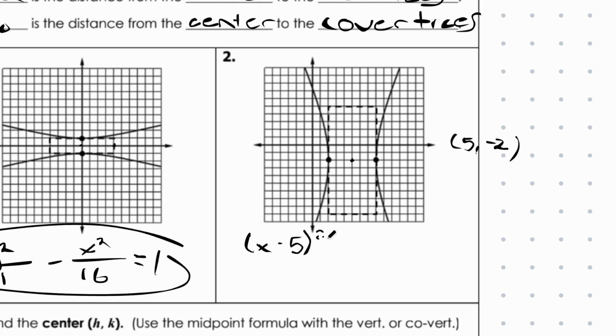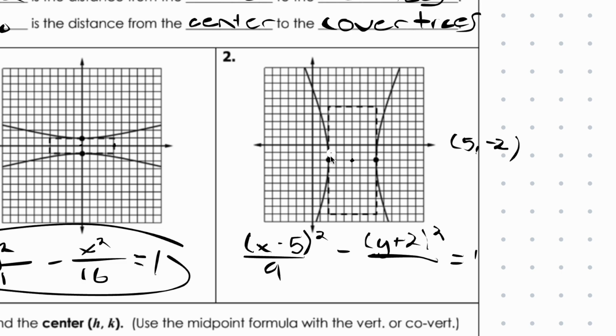It's always opposite, squared over something, and then minus y plus 2 squared over something equals 1. And so our a value is going to be our distance from our center to our vertex, or to our vertices. That's going to be 3. And so a squared is equal to 3 squared, which is 9. So we're going to put this over 9.